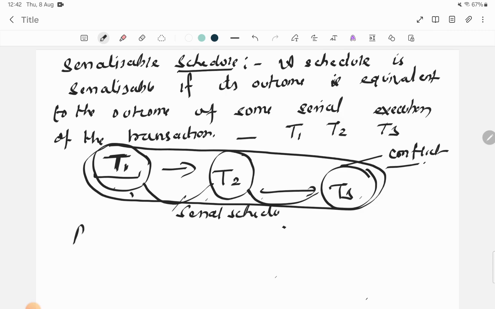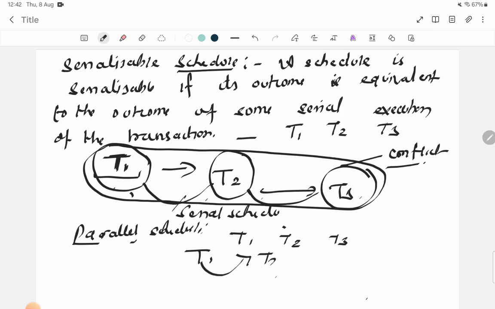Now the opposite is the parallel schedule, or non-serial schedule. What happens in it? If we have three transactions T1, T2 and T3, T1 is occurring and at the same time we can switch to T2, and then switch to T3.